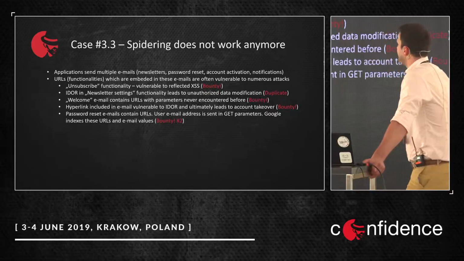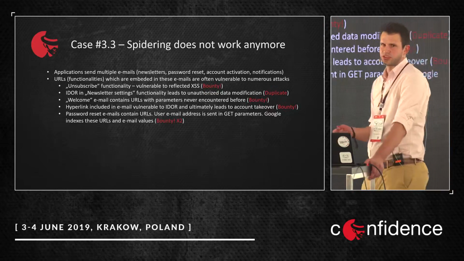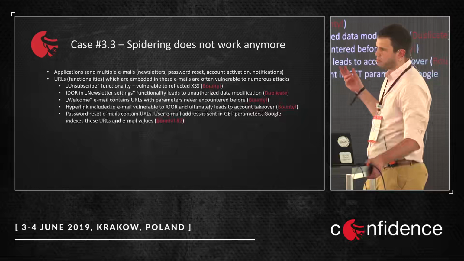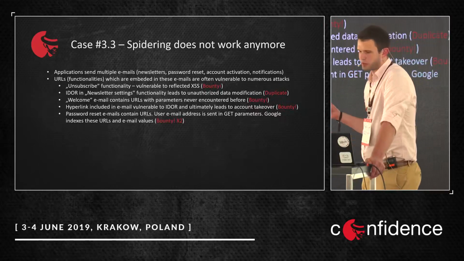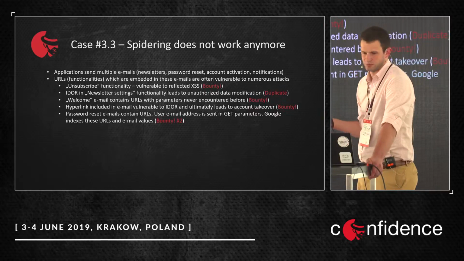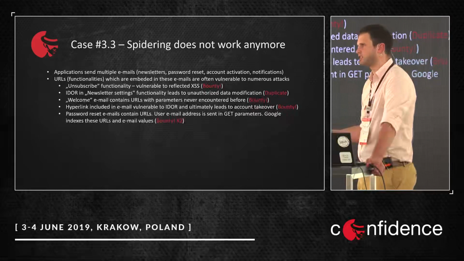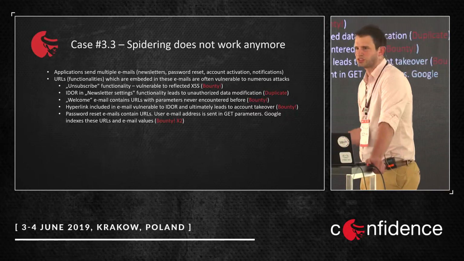As I mentioned, a lot of applications send different things in the mail body. So what I usually do is put my email address and register myself to everything that I can register for. All the things like subscribe, unsubscribe, refer a friend, I don't know, all of these things, newsletters, you can just register yourself.